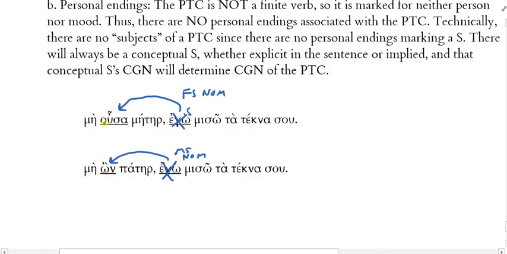And you would still translate it the same way: not being a mother, I hate your children. The egō is implied, not explicit, but that's what I'm talking about up here. Whether the subject is explicit or implied, it doesn't matter. The subject, explicit or implied, whatever its case, gender, number would be or would have been, will dictate the case, gender, number of the participle. Okay? All right.